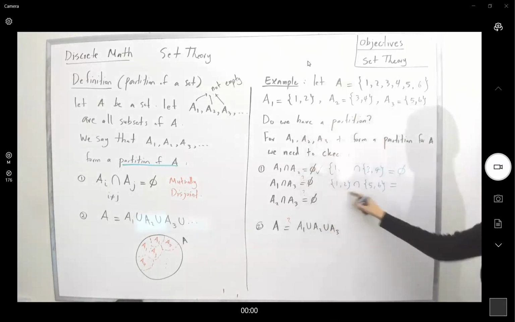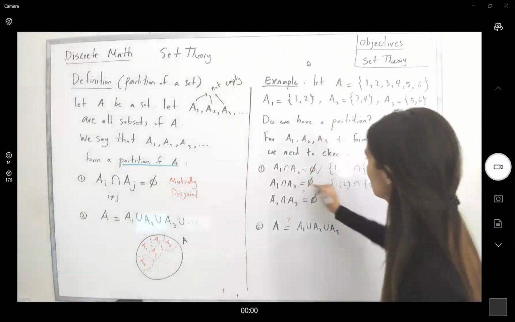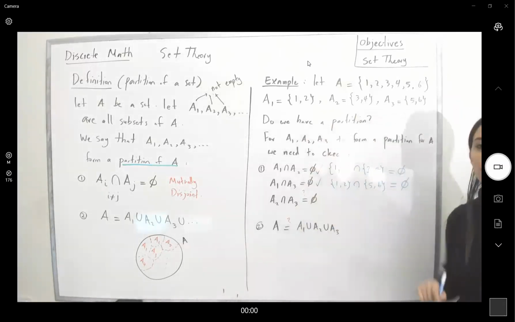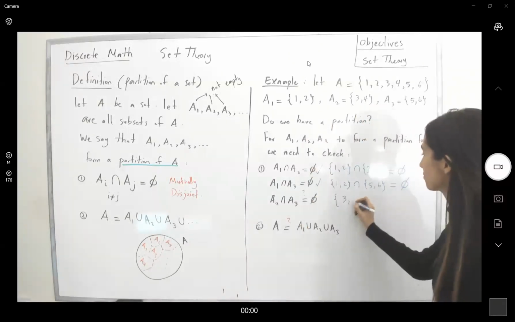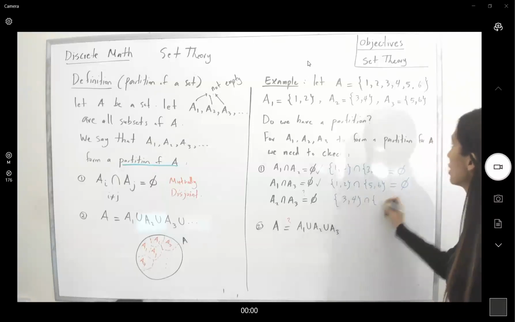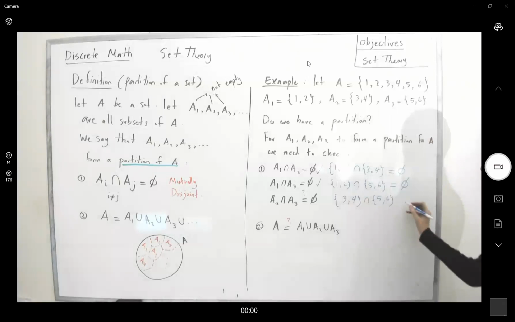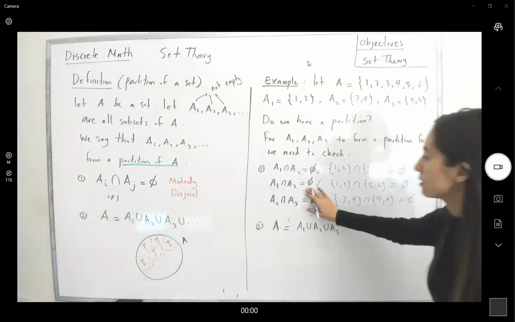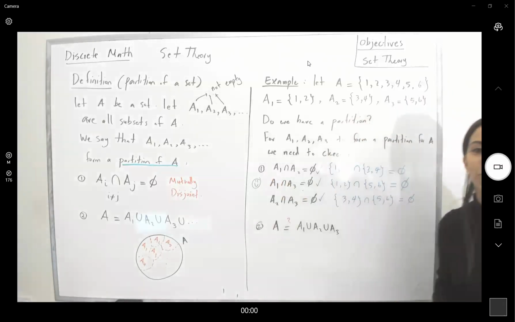Do we see any common elements between them? Of course not. Empty. A2, A3, 3 and 4, intersection 5 and 6. Well, is it empty? Of course. No element is in common between them. So the first condition is met.